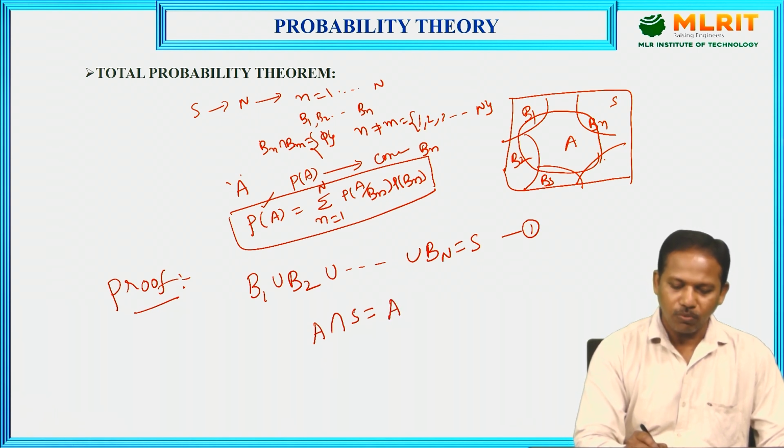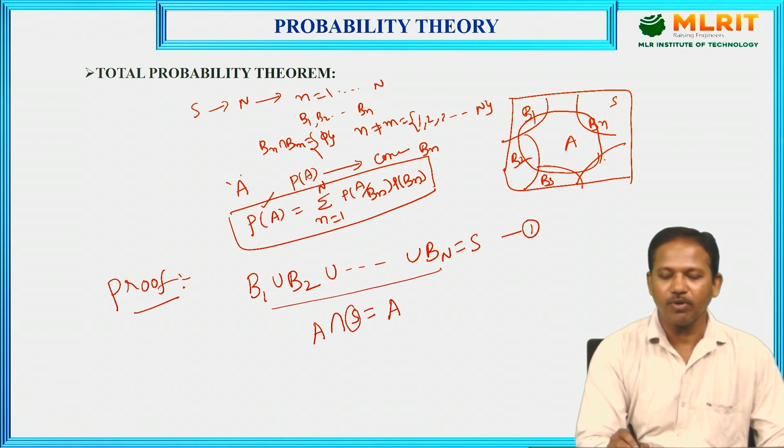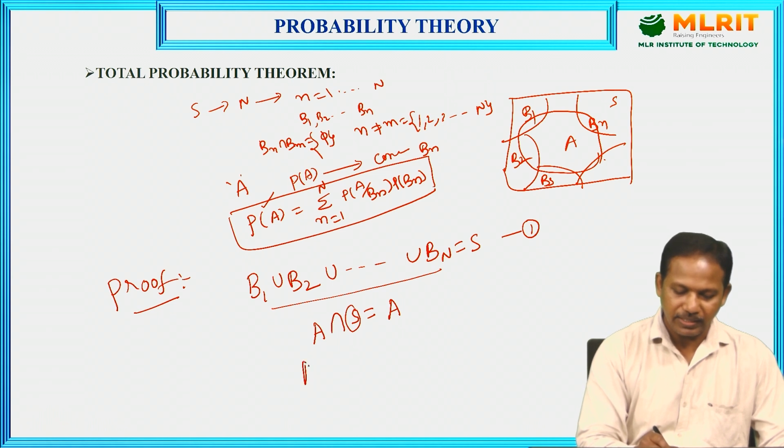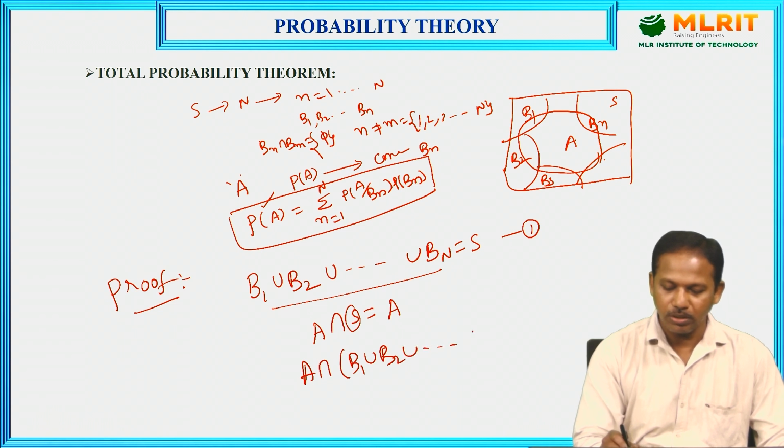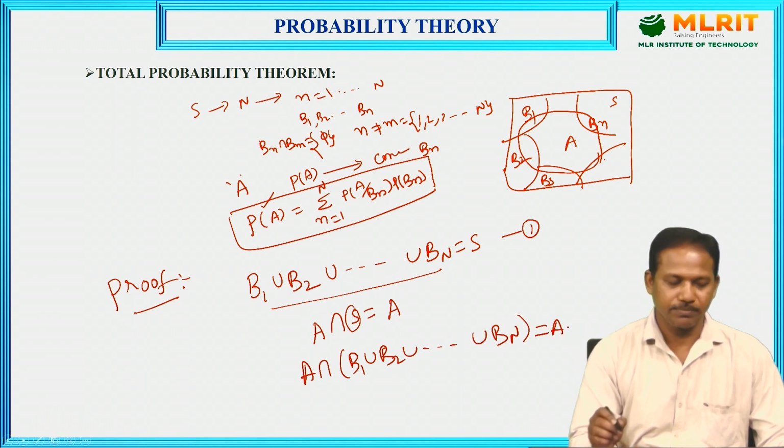Now what is S? S is the combination of all the mutually exclusive events. So I can write A intersection of B1 union B2 union and so on union Bn is equal to A.